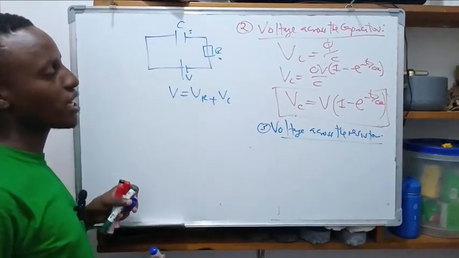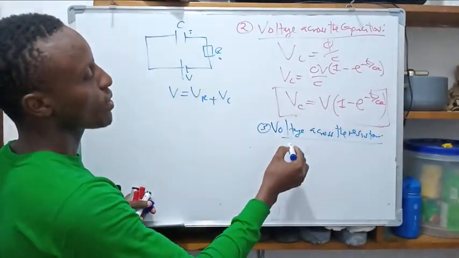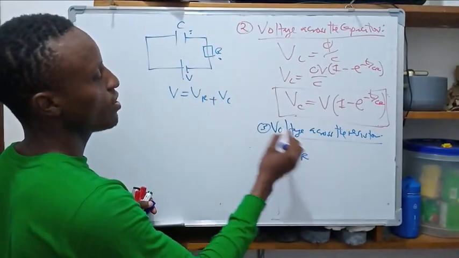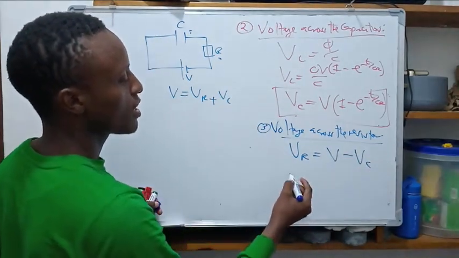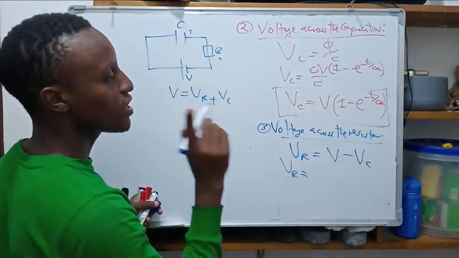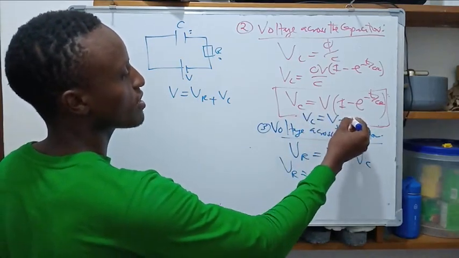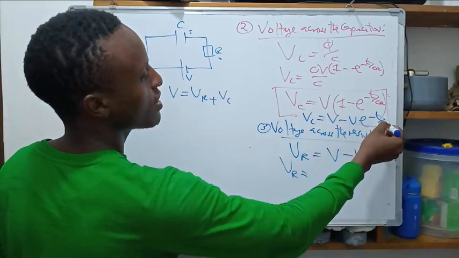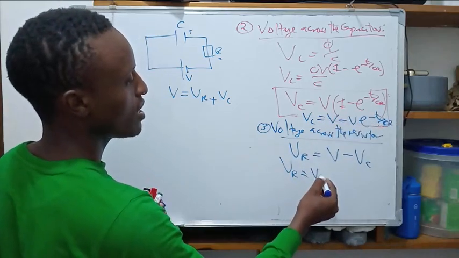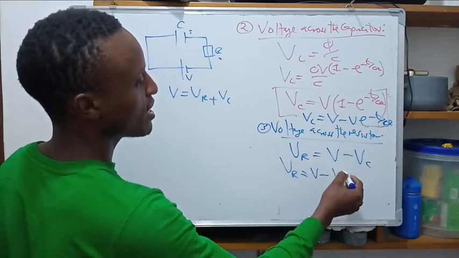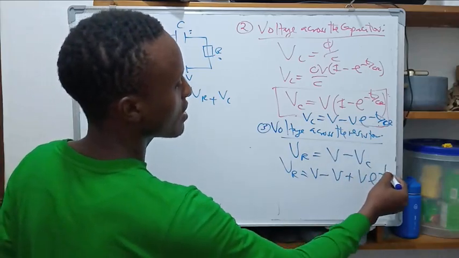So if we have the voltage across the capacitor, the voltage across the resistor is just equal to the voltage from the battery minus the voltage of the capacitor. So VR is equal to V minus V(1 minus e to the negative t over CR). So V minus V, then plus V e to the negative t over CR.